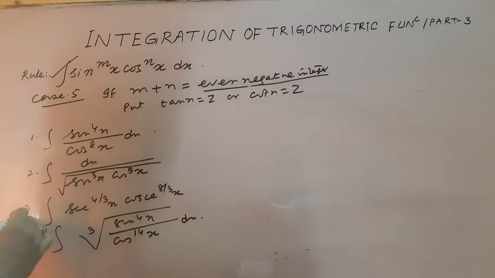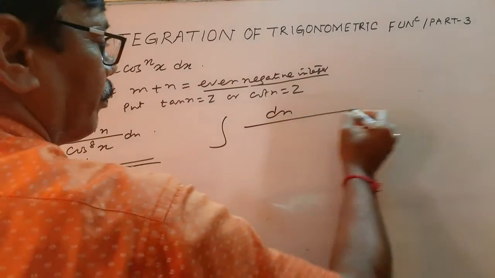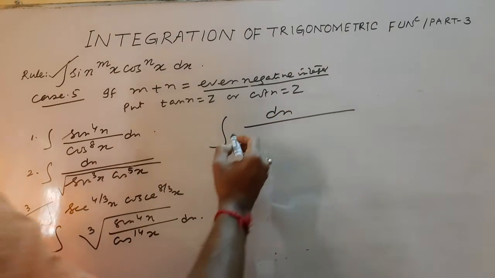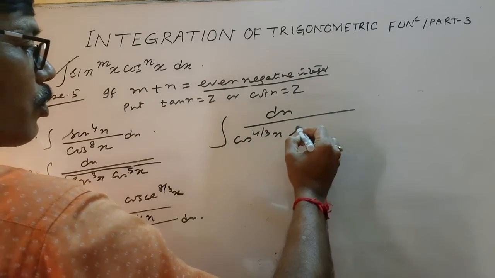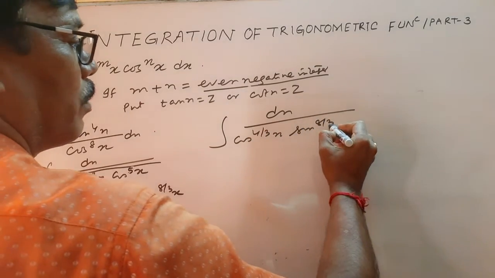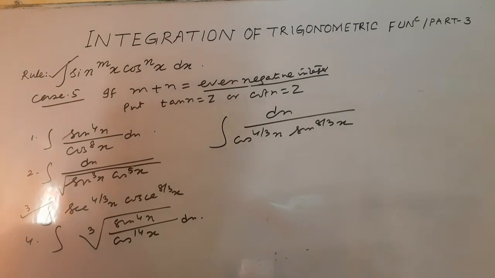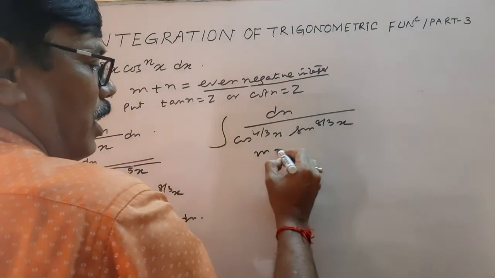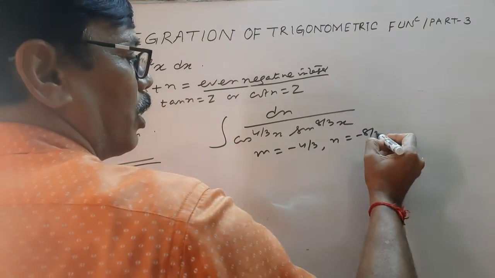Next, problem 3: dx by, this is in terms of cos, cos to the power 4 by 3 x, sin to the power 8 by 3 x. So what is m? Minus 4 by 3, and n is minus 8 by 3.